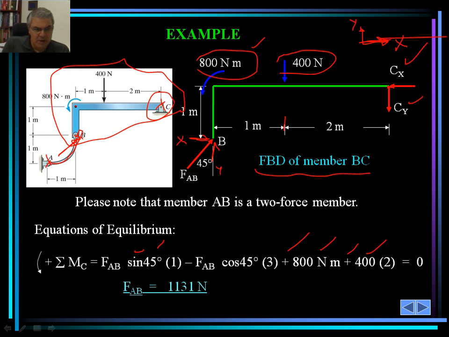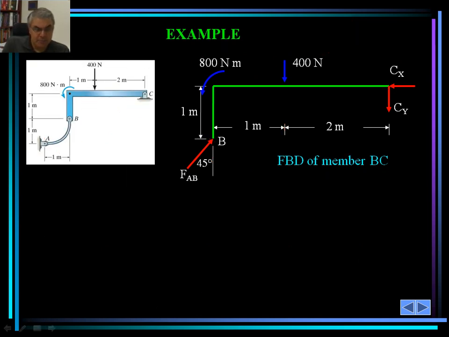This is the X component, so I put an X over it, and this is the Y component, I put a Y. There's only one unknown here. Sine of 45 and cosine of 45 are known. And as such, we would go ahead and calculate F sub AB as 1131 Newton.